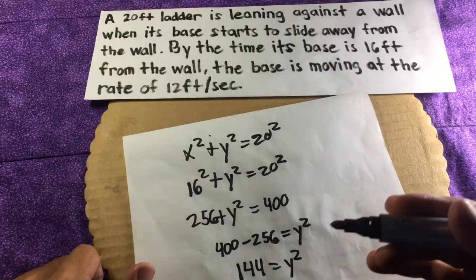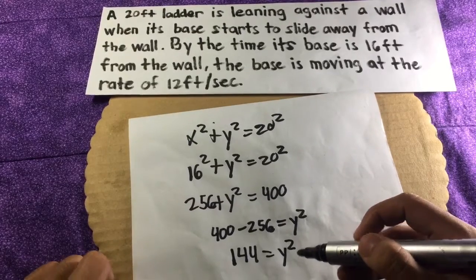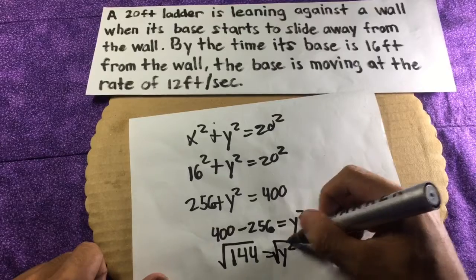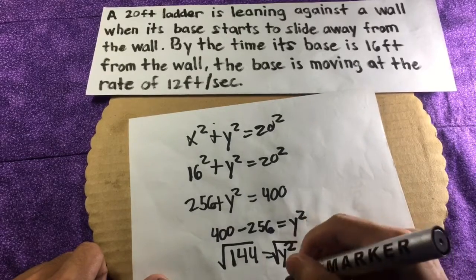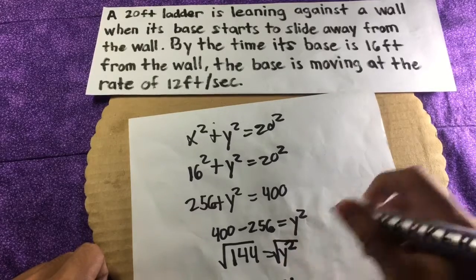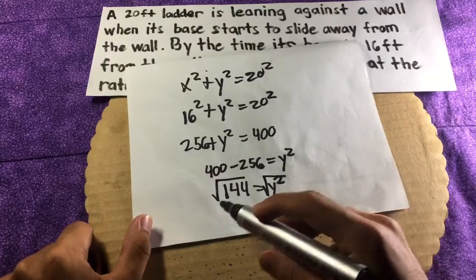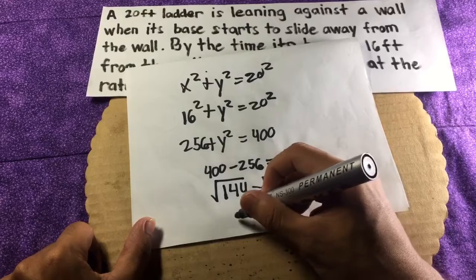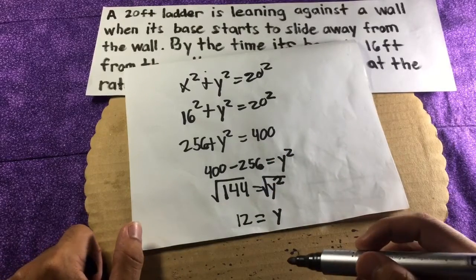To eliminate the square, we take the square root of both sides, and the square root of 144 is 12. That's how we get our y.